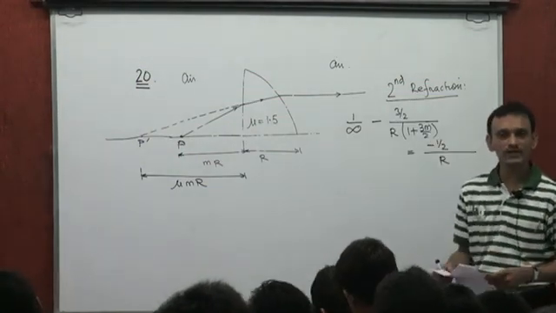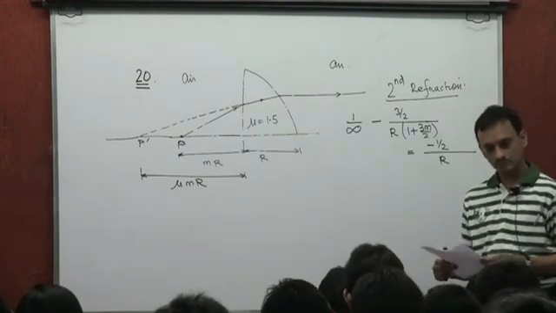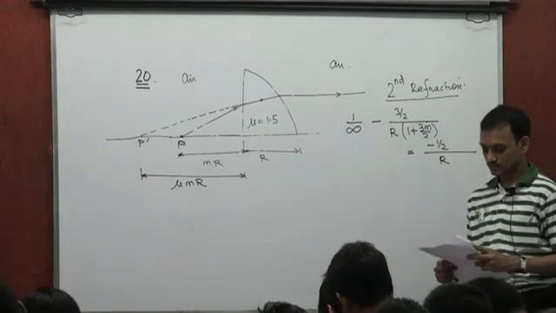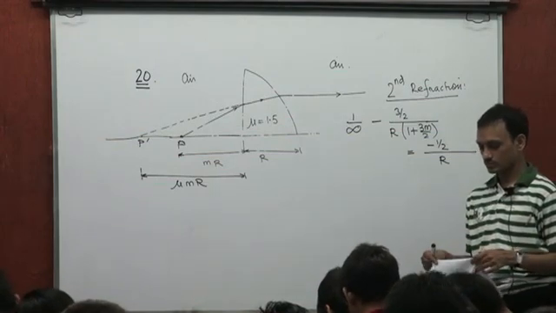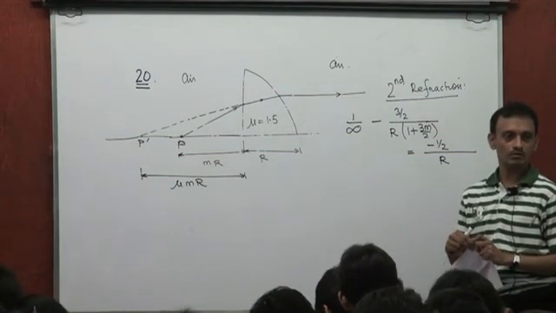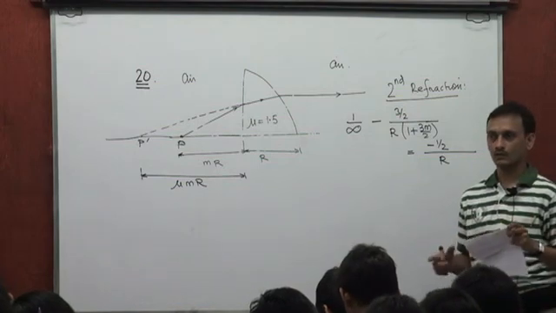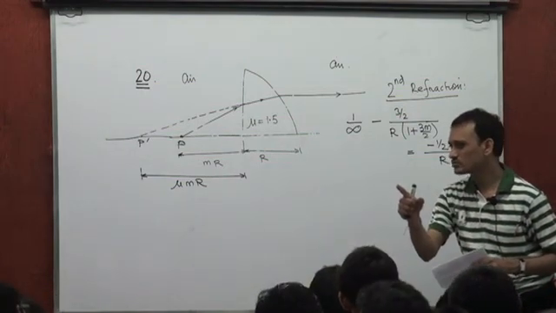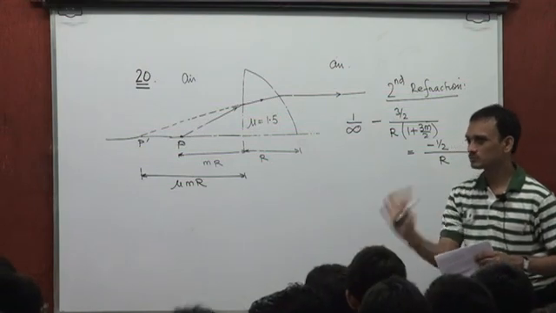If you solve for m, you should get 4 by 3. Read 21, please. Confusion है क्या कुछ? पक्का?